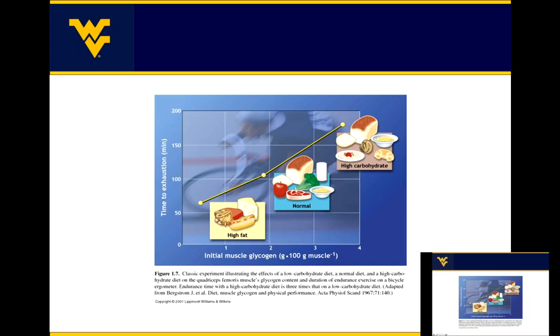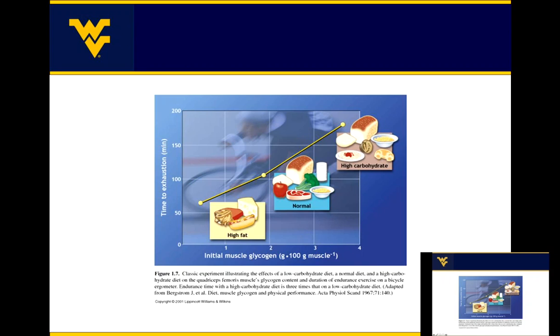This study looked at the initial amount of stored glucose in your muscle, the initial glycogen level. So they had people who ate a high fat diet and a low carb diet, right? Then they had people who ate just a normal amount of carbs, what the RDA recommends, versus those who ate a high carbohydrate diet.